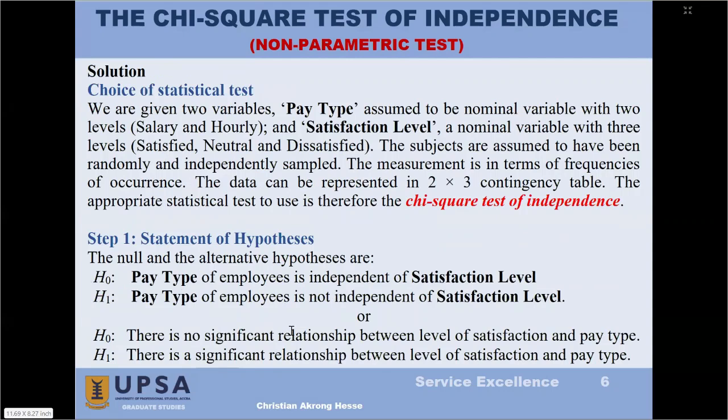Relationship, association and correlation are interchangeable words. So there's no significant correlation between the level of satisfaction and pay type. You want to see whether one pay type can determine satisfaction level. So that's the difference.